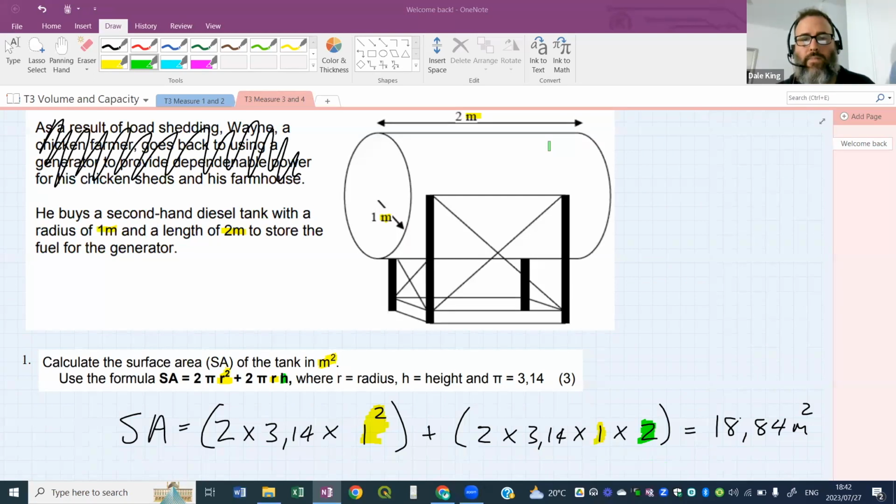So if I say 2 times 3,1414 times 1 times 1, is it still going to be correct? It's the same thing. 1 times 1 is 1 squared. It will be the same. Okay, thank you. That's all I wanted to know.